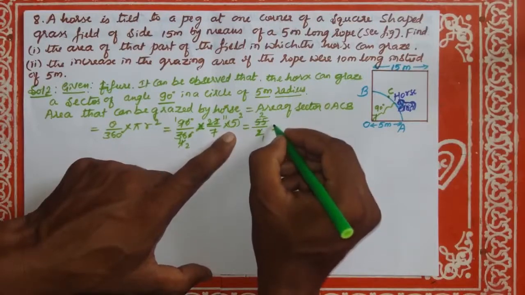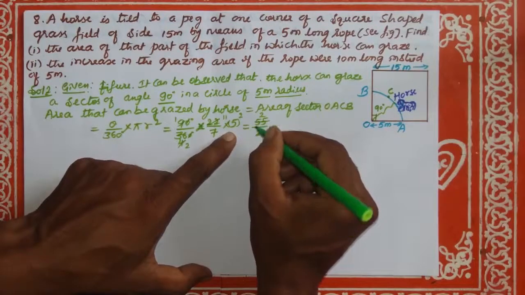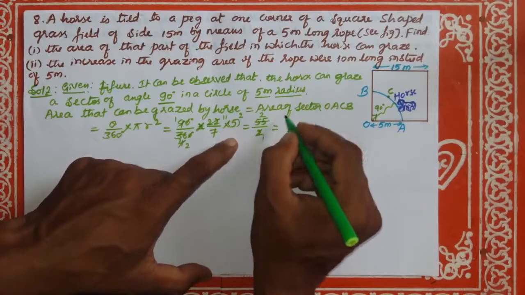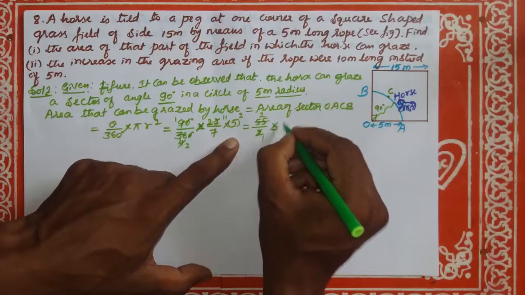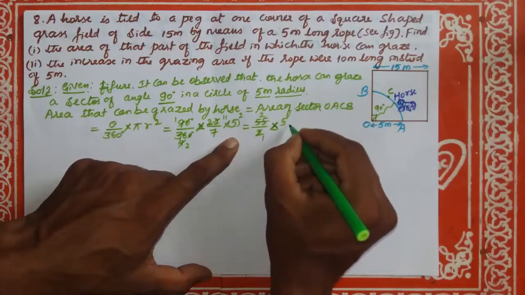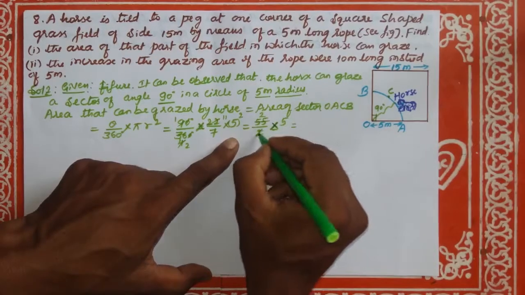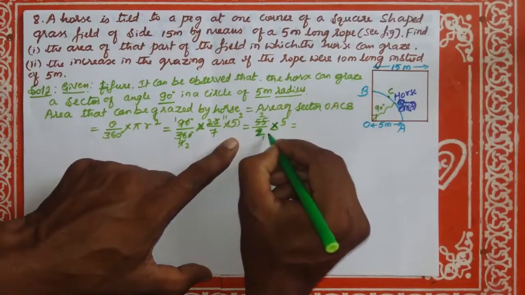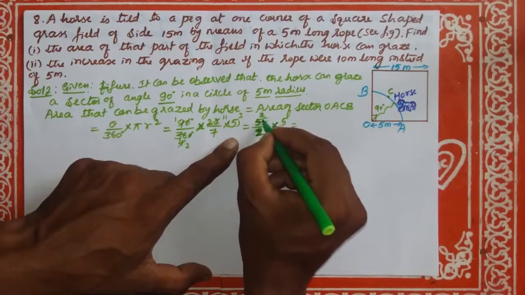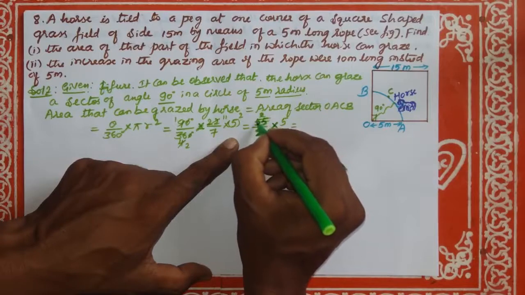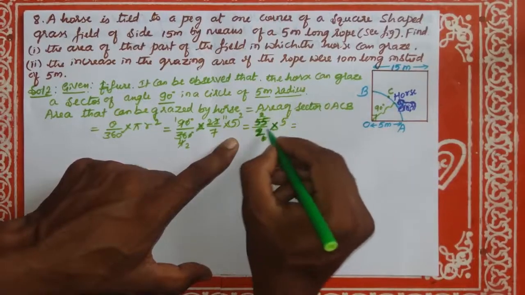I have written 11 5s are 55, into 5, no need to cancel, 55 into 5.